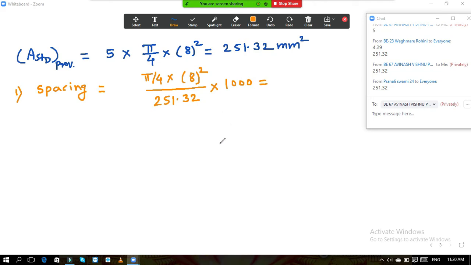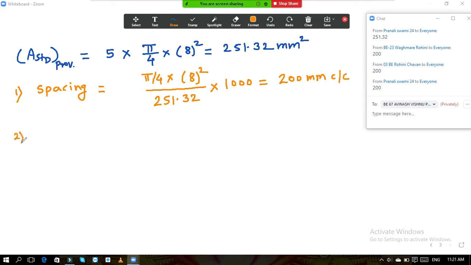So what is the answer? Area of single bar divided by total area and then multiplied by width. So it is 200 center to center.